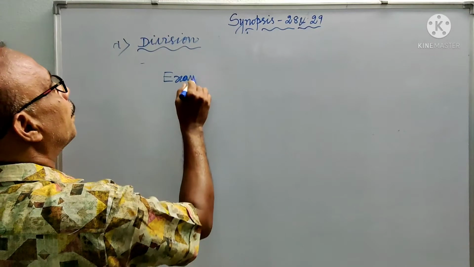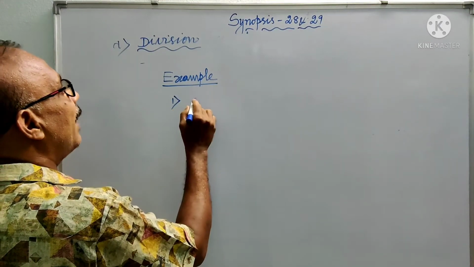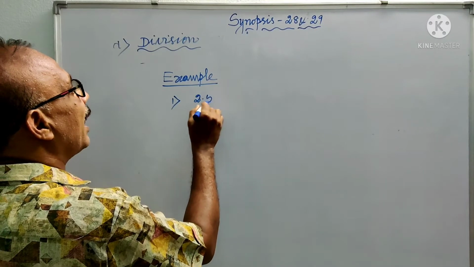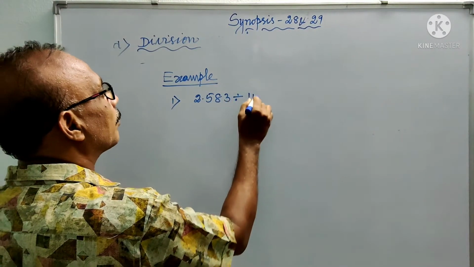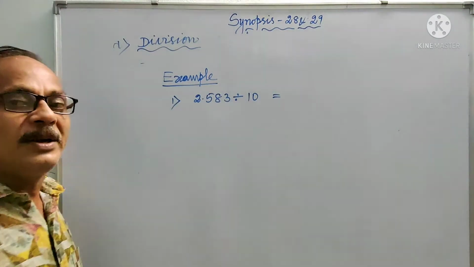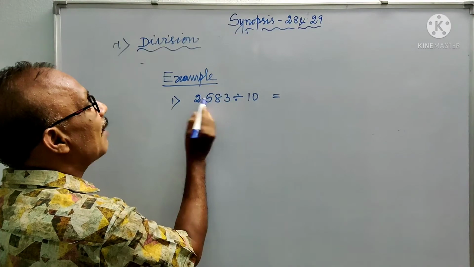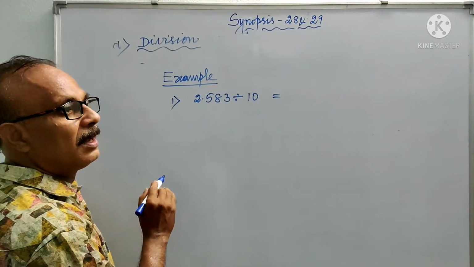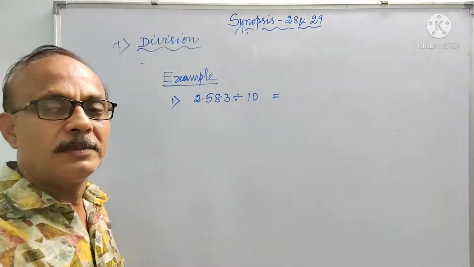Example 1. If you divide 2.583 by 10, in 10 there is 1 zero. So the decimal point should move left by 1 place. That is, it becomes 0.2583.